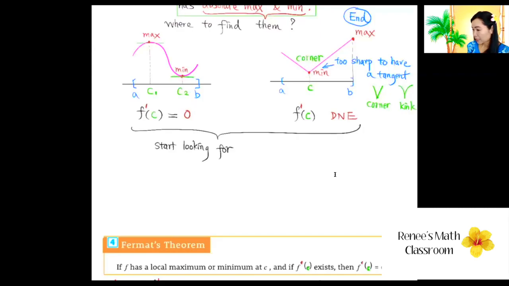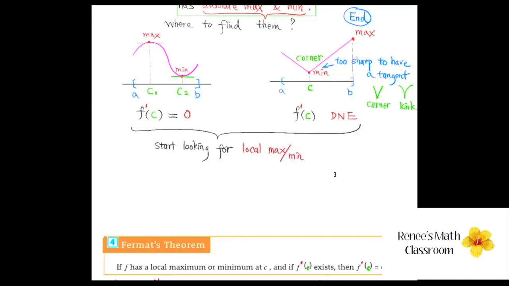So you first look at the local maximum and local minimum, and then later on compare them with the endpoint values, and then you can find the absolute max and absolute min. So it's like a competition, right? Locally at your school, and later on you're going to compare that with everyone in the city, and then you get the winner in the whole city.